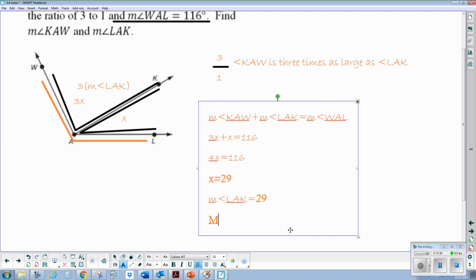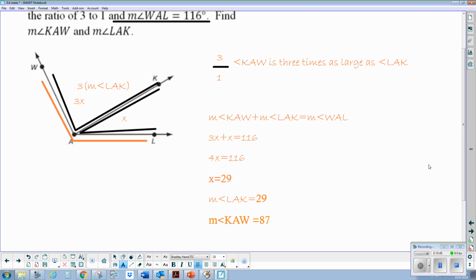And the measure of angle KAW equals 3 times 29 degrees, which is 87. I'm going to use my degree signs. There we go, degrees, degrees. And together, they should add up to 116. If you double check, they do.